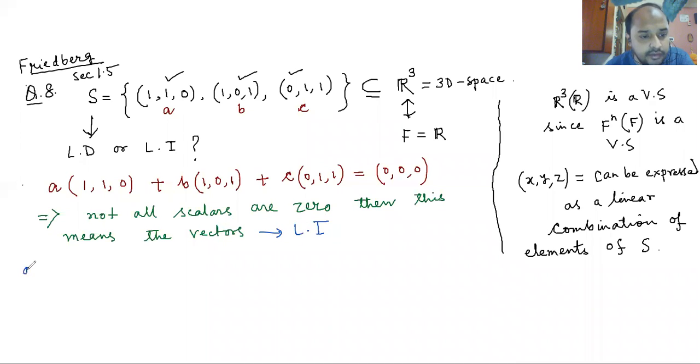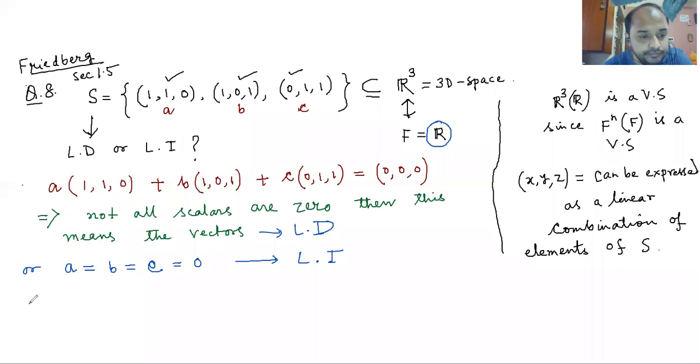And if this linear combination being zero implies that all these individual scalars are zero, then that means the vectors are LI. We are going to check that this set becomes LI if we consider the field of real numbers. So let us check it first of all.